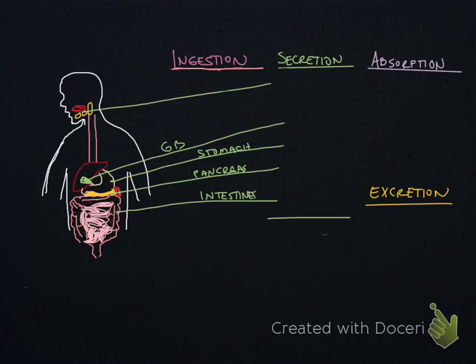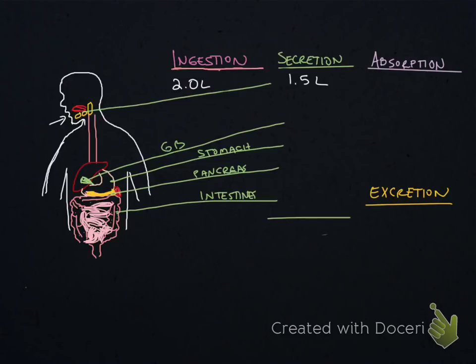Now let's take a look at the fluid volume that we gain from these digestive mechanisms. With ingestion, we gain about 2 liters. So that means that we ingest about 2 liters of volume of food or fluids. With secretion, we gain about 1.5 liters from our salivary glands.